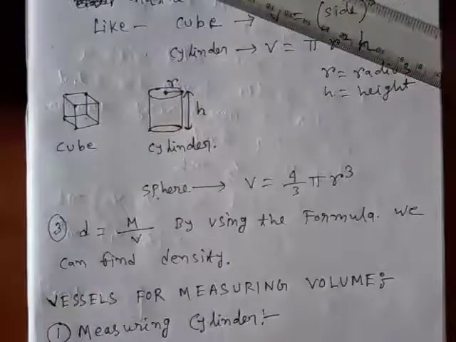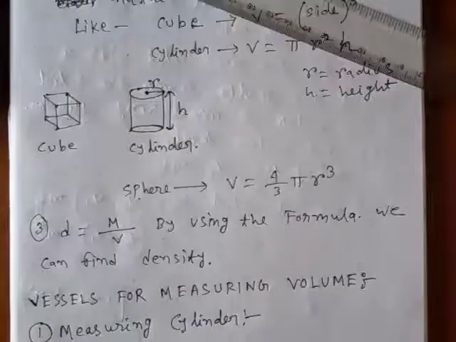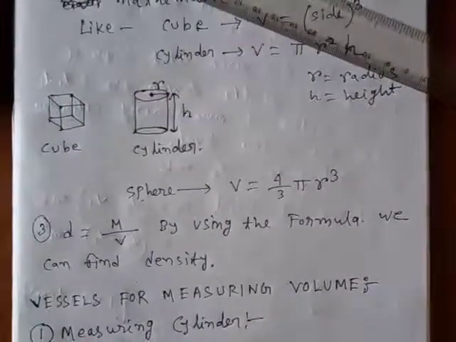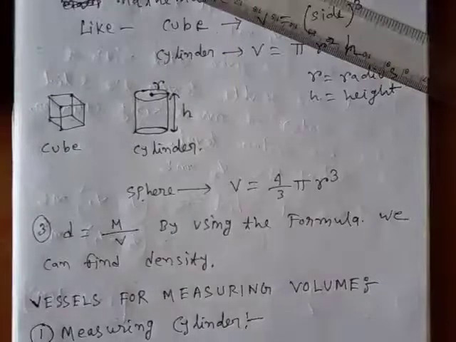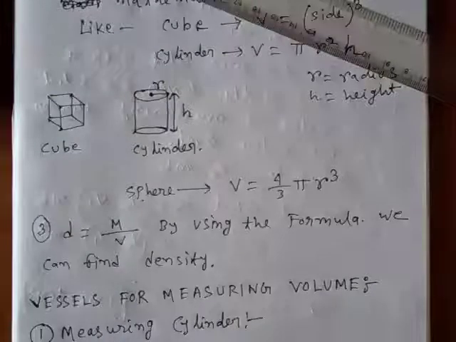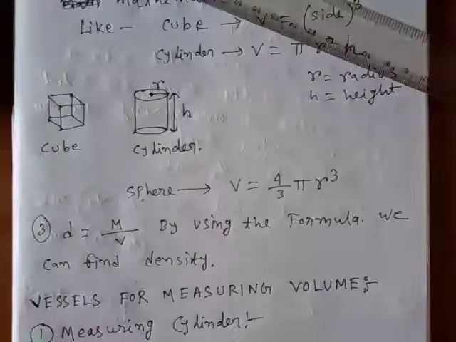We can measure the mass by using a beam balance, that is easy, but finding the volume is the challenge here. So to find the volume of such irregular solids, we have to use some measuring device.